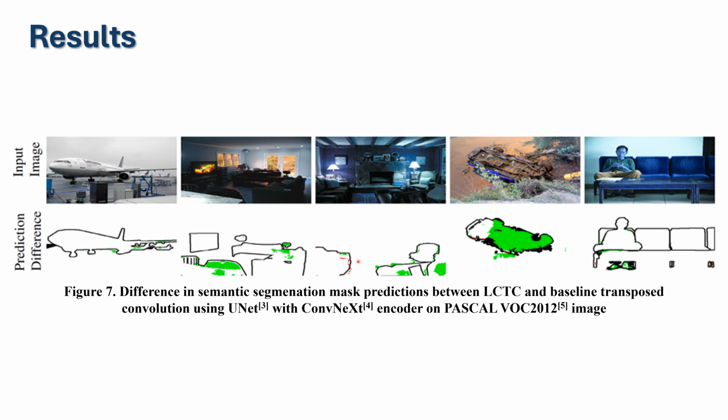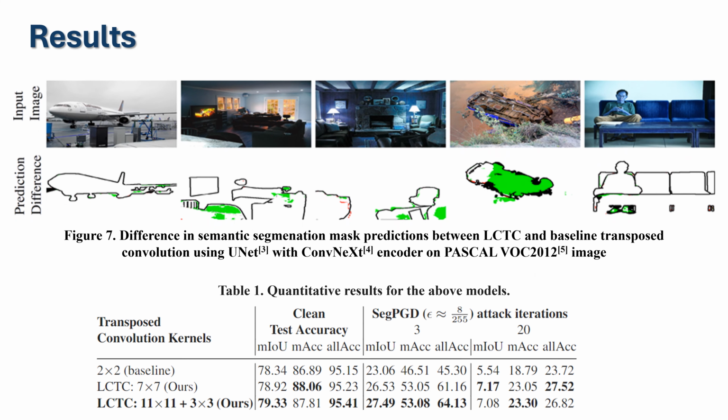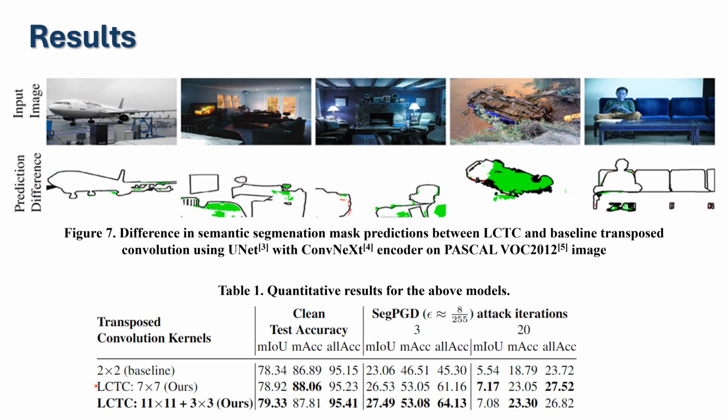Red regions show vice versa, while the white regions show where both predicted correctly. Black lines are the outlines for better visual understanding. Observations made qualitatively on some samples also hold quantitatively on the entire dataset. Here, our proposed LCTC outperforms the baseline on all metrics.